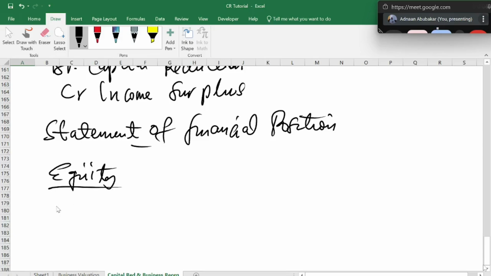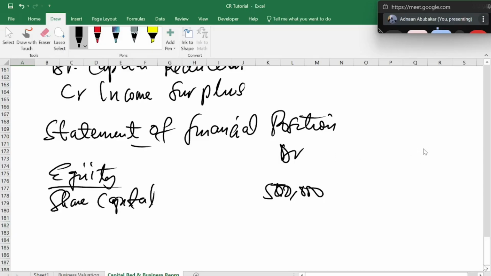So under the equity, you have your share capital, maybe 500,000. That one you have debit, and you have credit. And we all know that equity capital has a credit balance.